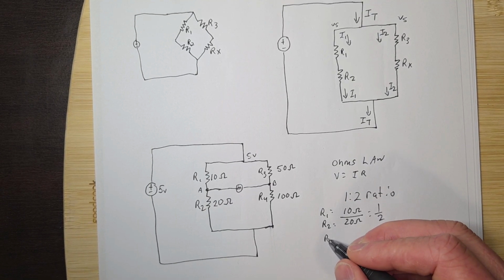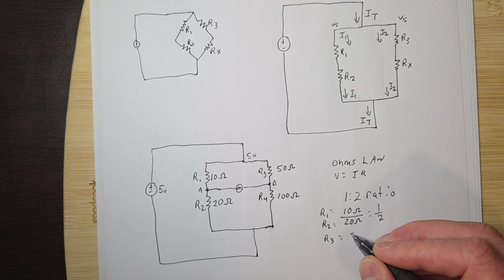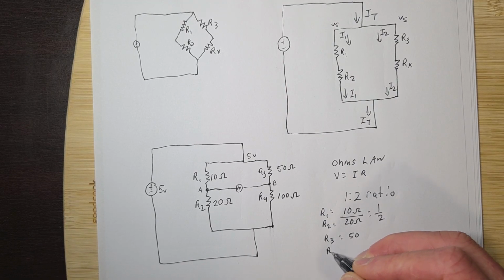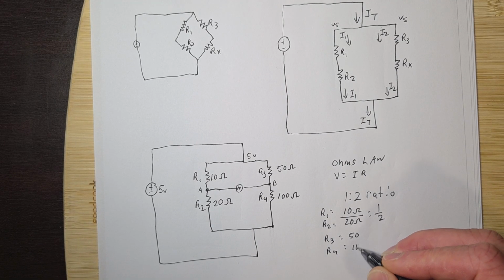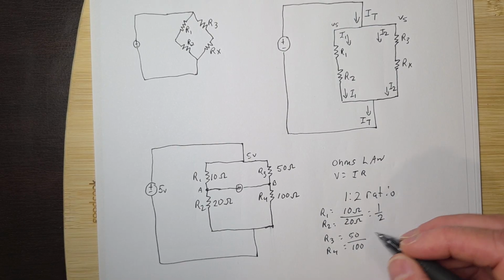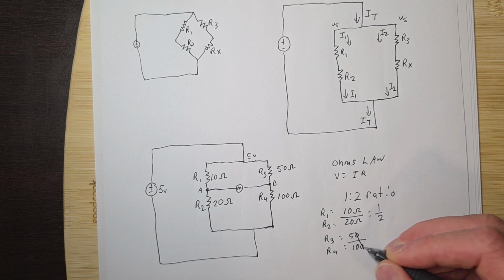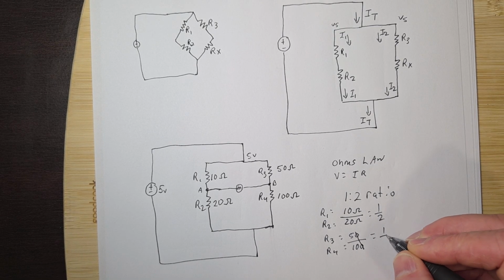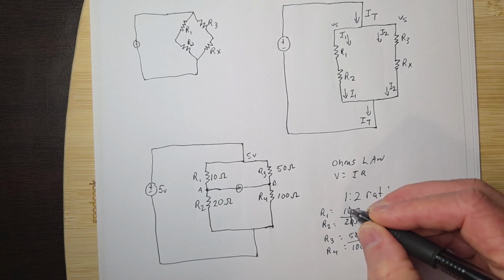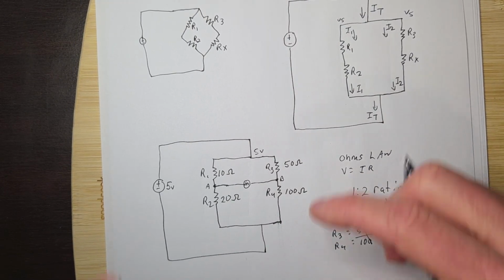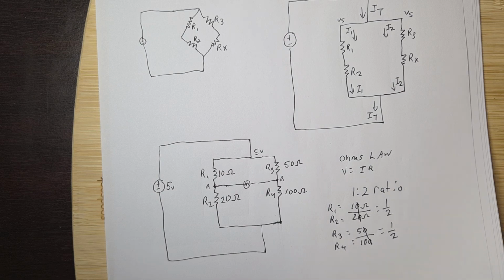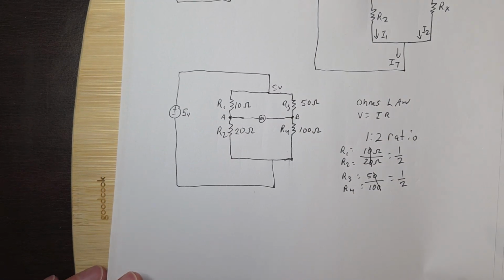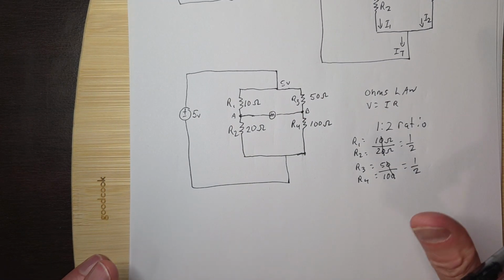And R3 is equal to 50, and R4 is equal to 100. So then we know that these can cancel out, and it's 5 over 10, that's 1 over 2. And that cancels out, so that way we know this bridge is going to be balanced. And if it was anything different, then we would definitely know it wasn't balanced.